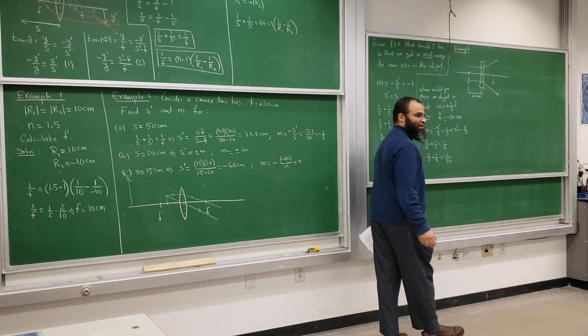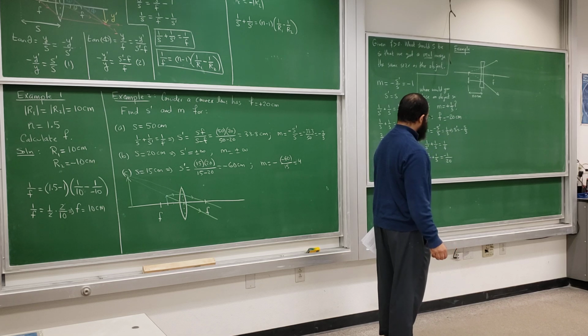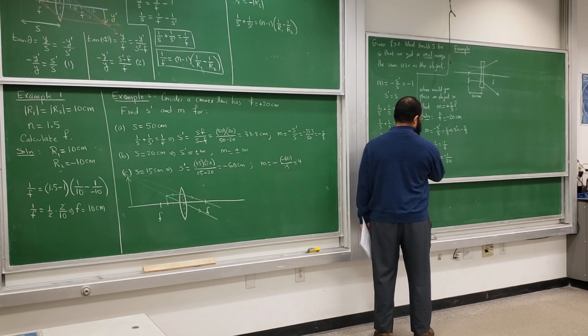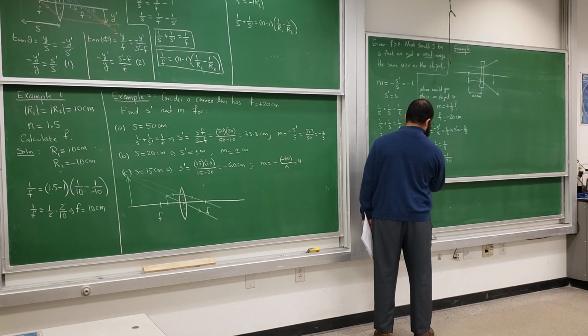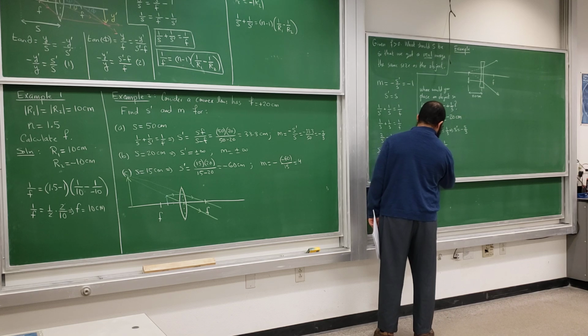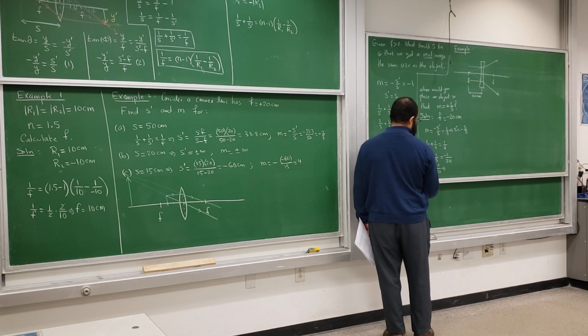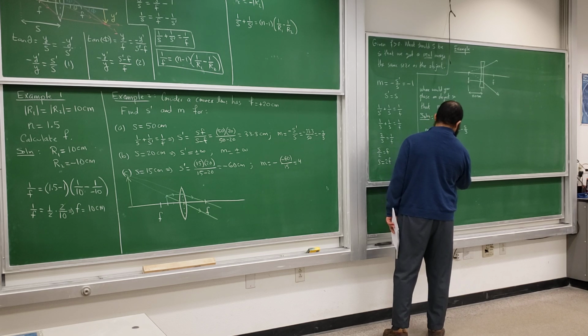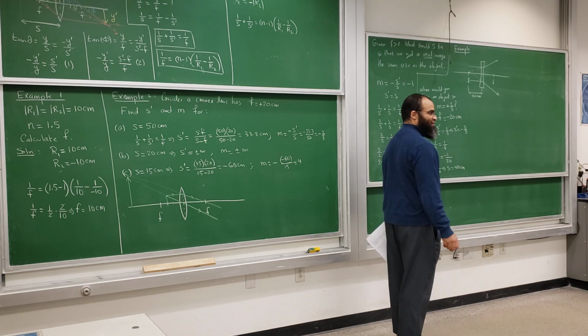So everything is in centimeters, so the answer will be in centimeters. 1 minus 3 is minus 2, so I have minus 2 over S is equal to minus 1 over 20. That means you can just cross multiply. So S will be 40. That's where you would place your object.